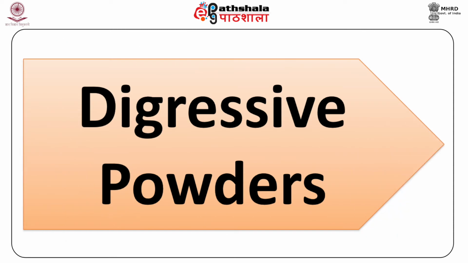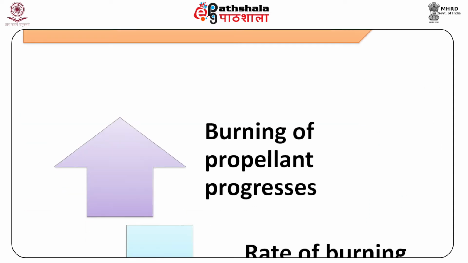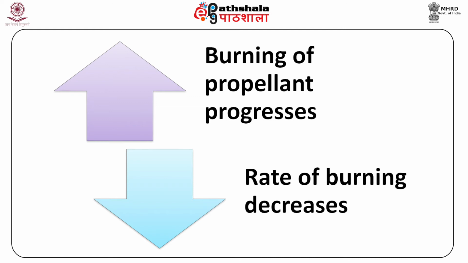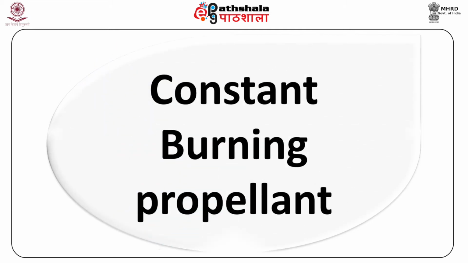Next is digressive powder. In the case of digressive powders, the shape and the size of grains are kept such that as burning of propellant progresses, the rate of burning goes on decreasing. For example, non perforated powder grains.